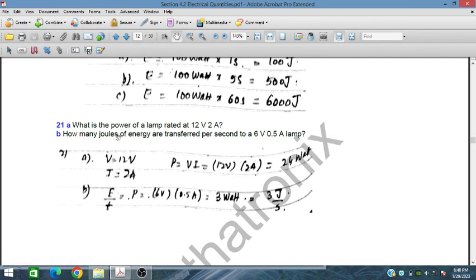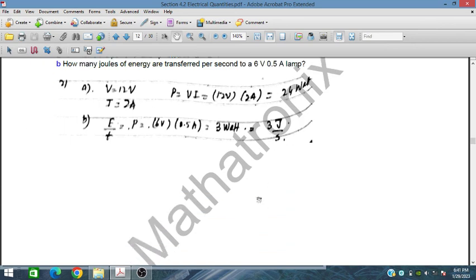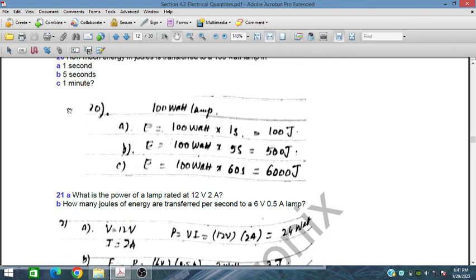And for the 6 volt 0.5 ampere lamp, the energy per unit time is basically the power. So 6 volt multiplied by 0.5 ampere is 3 watt, which is 3 joules per second. So 3 joules of energy will be transferred per second. So this is part B of this question.